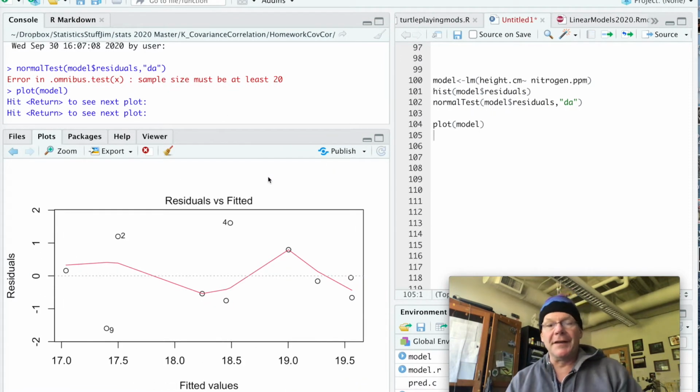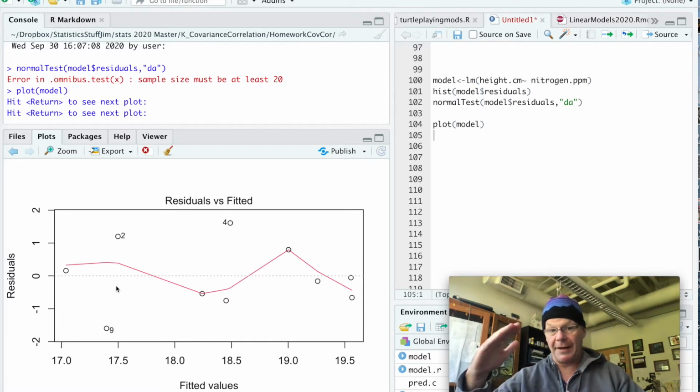The first thing it's going to give me is a plot that shows the residuals versus the fitted values. The fitted values are, again, the values that are right on that regression line, and here that's shown as this dotted line. All of these distances from the fitted value to the actual value, that is the residual, right? That's the part of the variation that our model is failing to capture.